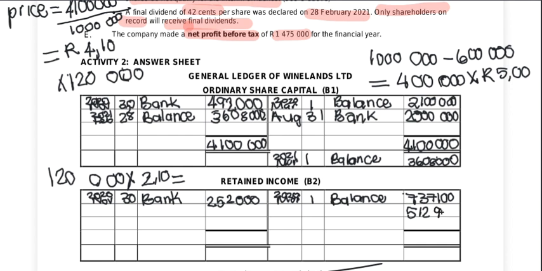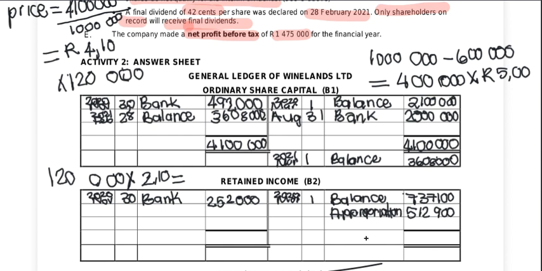512,900. Again, make sure you have the details as appropriation account, and your date will be the end of the year basically. Okay.